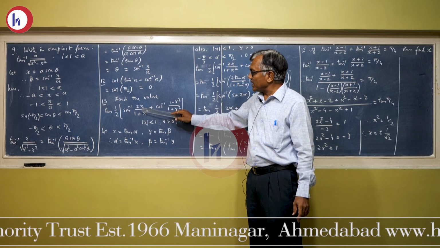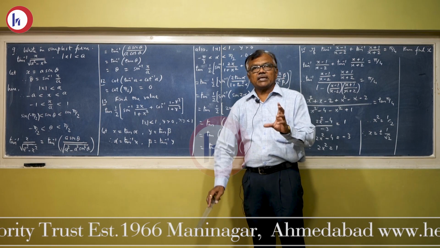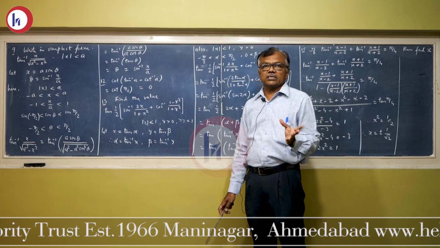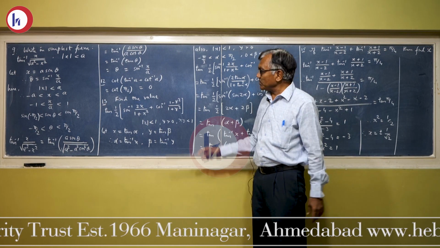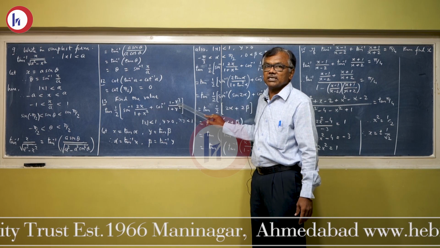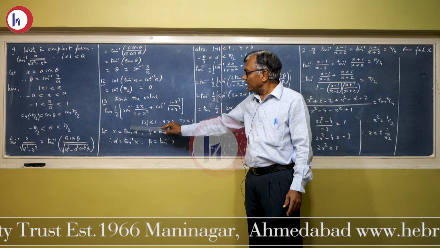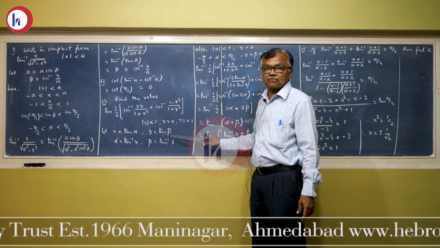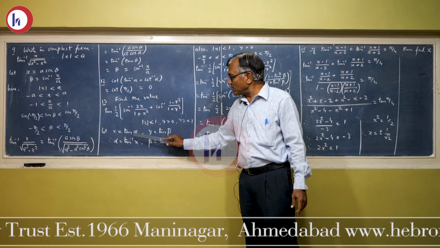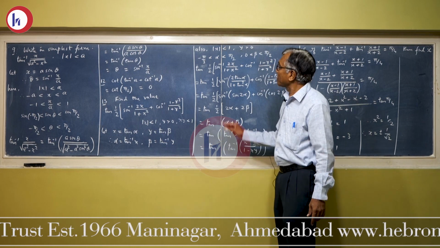So if you assume x is equals to tan alpha, now generally we assume x is equals to tan theta, tan alpha, tan beta, whatever you want to assume. Here x is given as well as y is also given. So we shall assume something else. So x is equals to tan alpha, y equals to tan beta. So alpha is equals to tan inverse x, beta equals to tan inverse y.